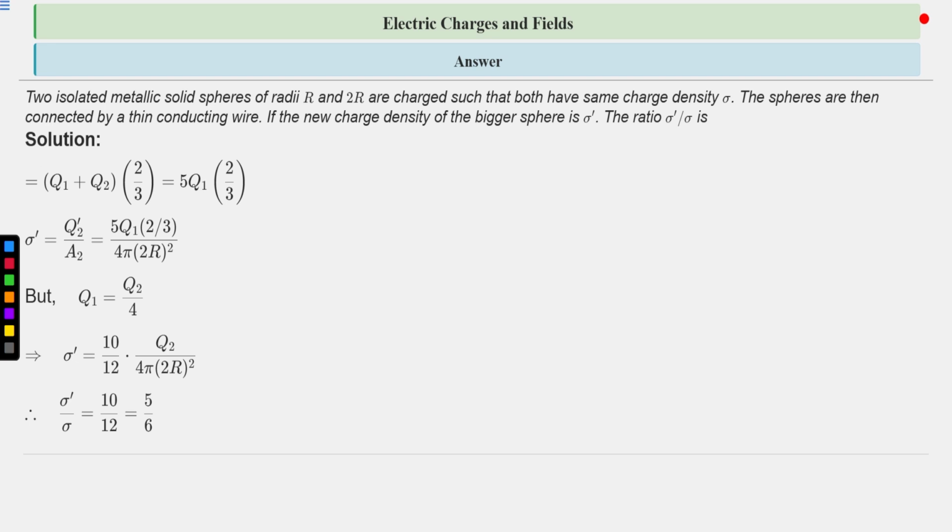We will get 10 by 12, and after reducing it, 5 by 6. So the answer we will get here is 5 by 6. I hope you understood it. Okay, let's move to the next question.